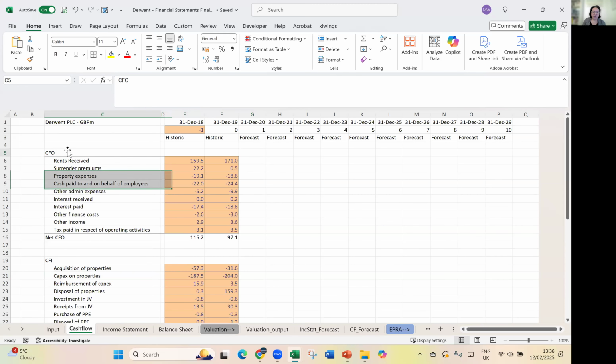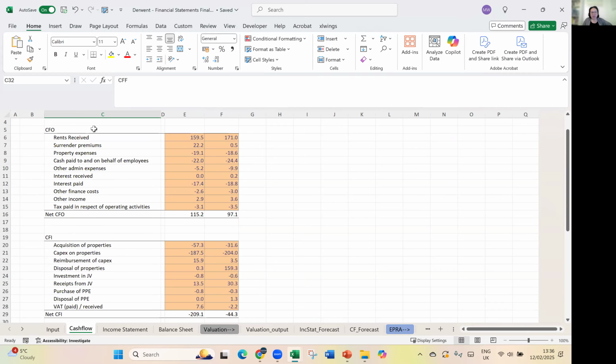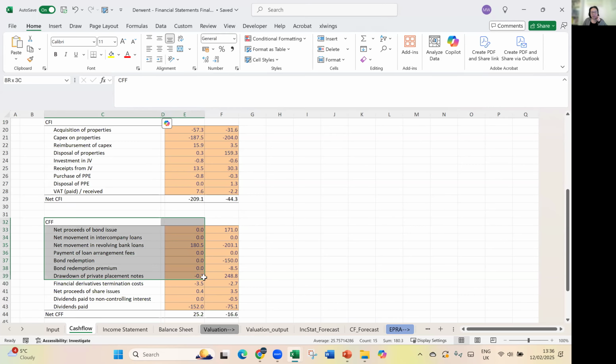That is, cash flow from operations, cash flow from investing, as I mentioned in the beginning, and cash flow from financing. So how much money you're making from your operations, how much you are investing, and how you are financing it.